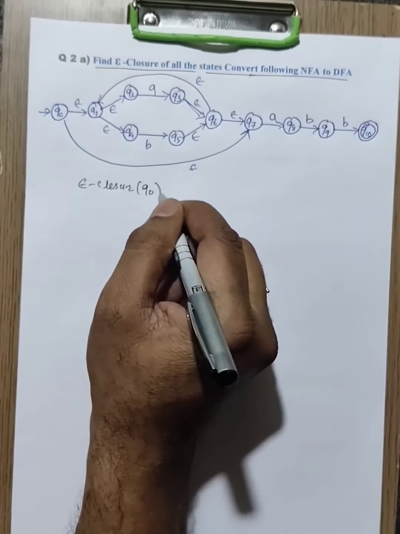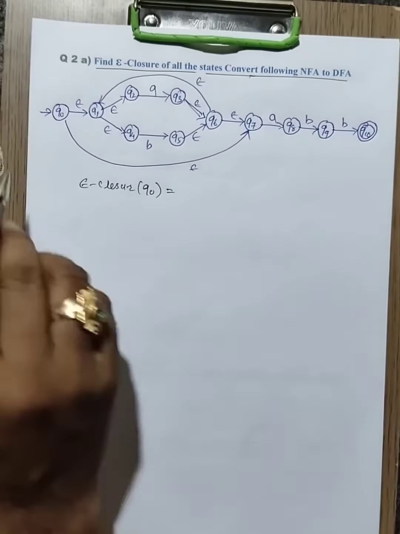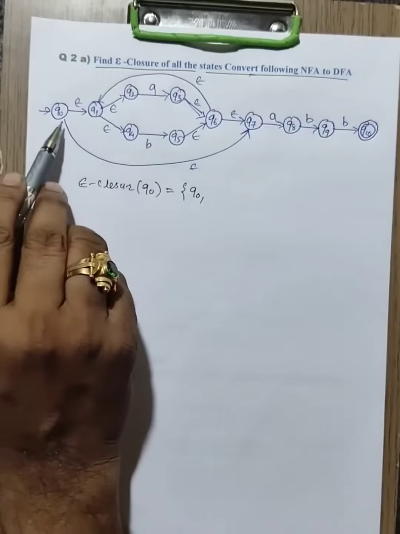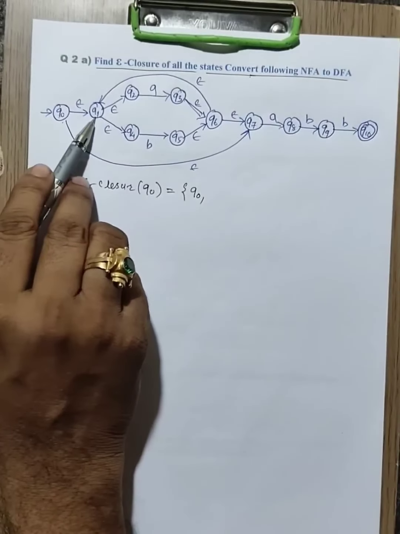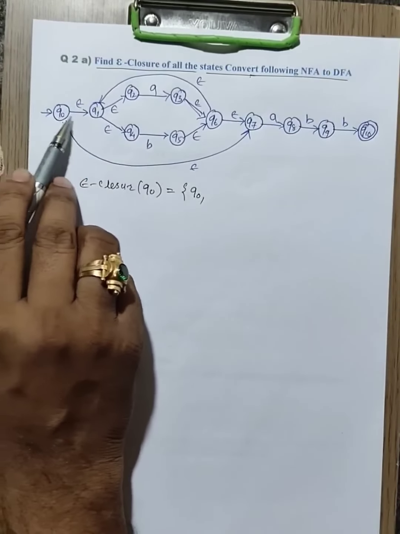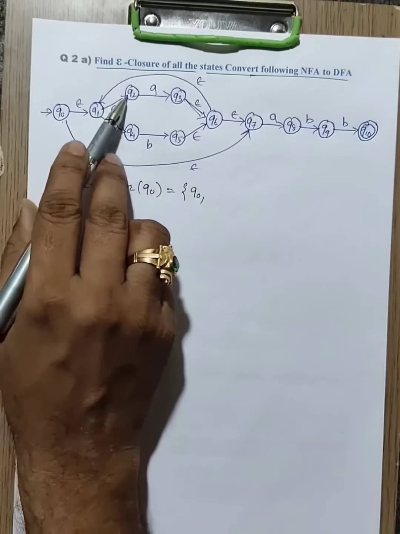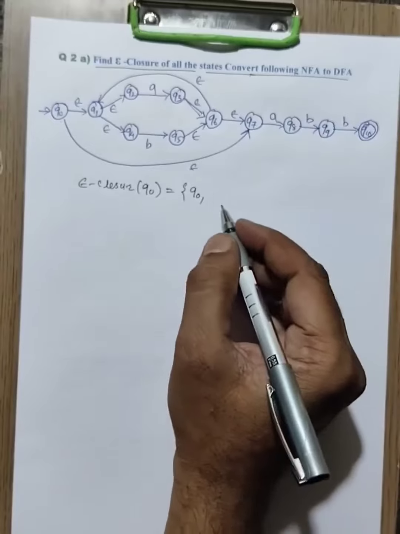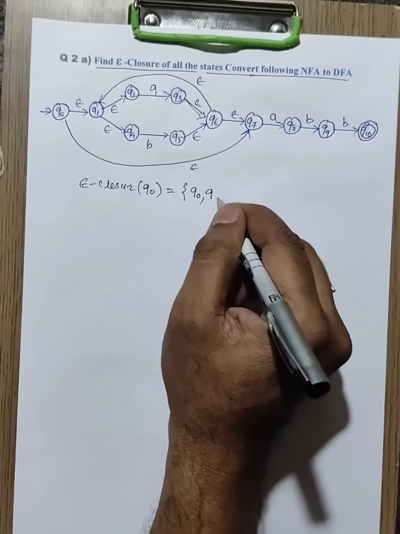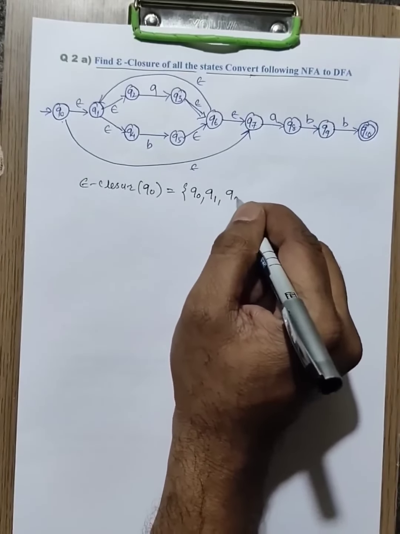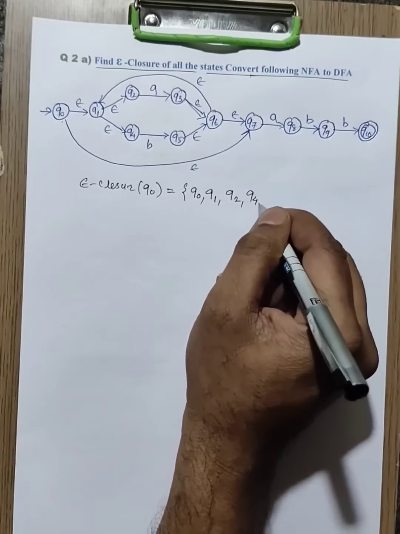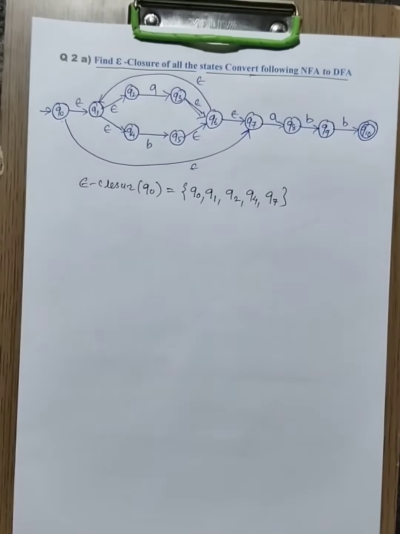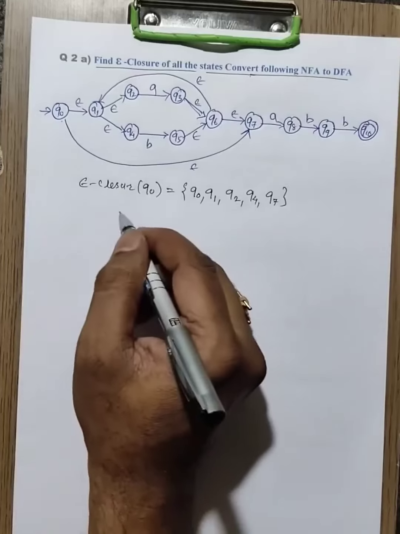Epsilon closure of Q0 is Q0, Q1, Q2, Q4, Q7.